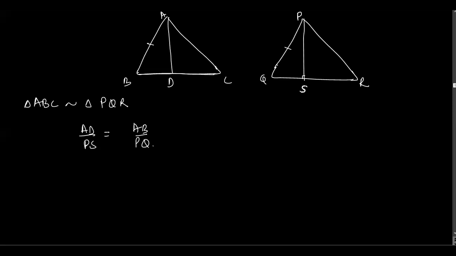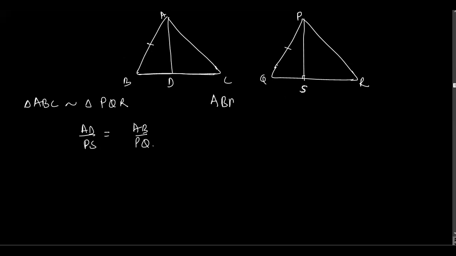If I'm saying that triangle ABC is similar to triangle PQR, then if I'm making their altitude, will this be proportionate or not? Means triangle ABD will be similar to triangle PQS.